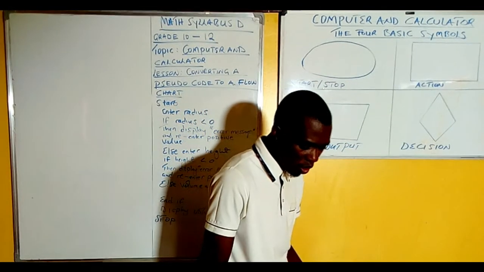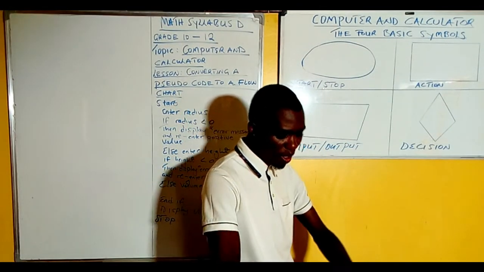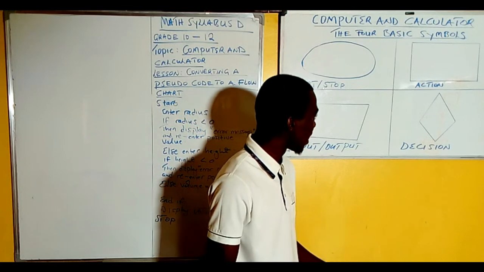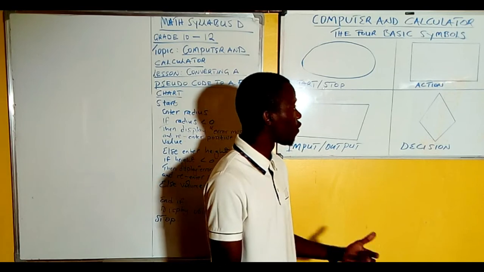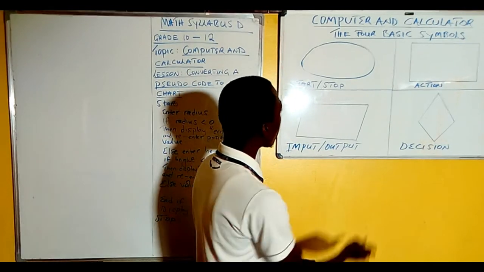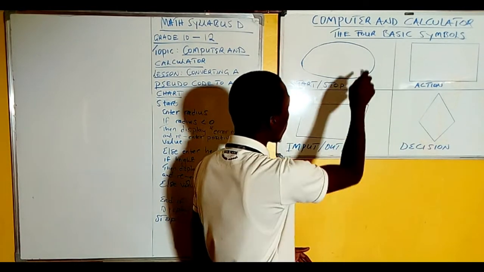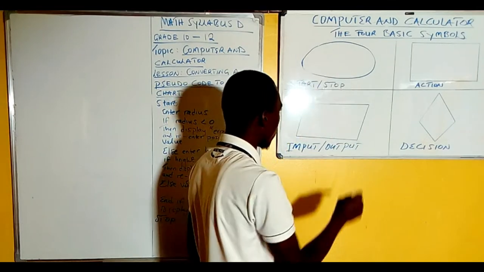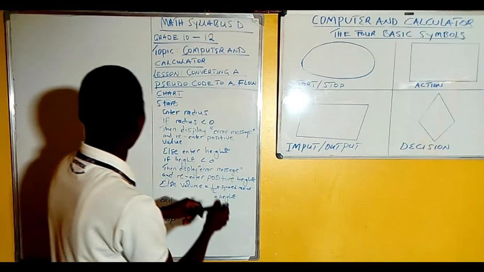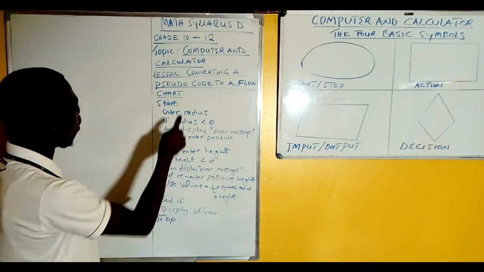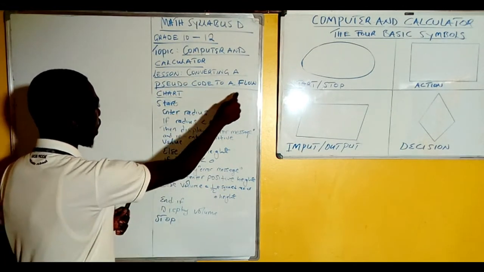Like we are saying now, a flowchart is simply a graphical representation of a problem solving strategy. That is what we call a flowchart. Now, when we connect these symbols appropriately using some arrows, then it forms a what? A flowchart. Okay, so now going to the question that we are trying to practice, converting a pseudocode to a flowchart.